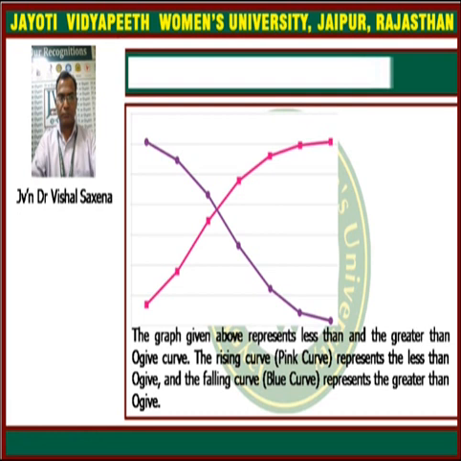While the blue curve shows the cumulative frequency curve for the greater than or more than type, which is known as the more than type of ogive. These two curves shown together are combinedly called the less than and more than type of ogive.